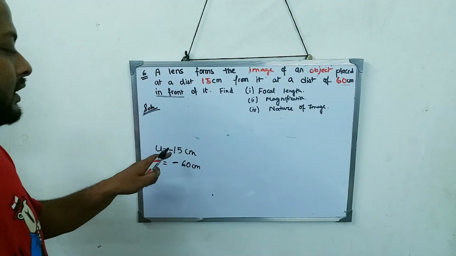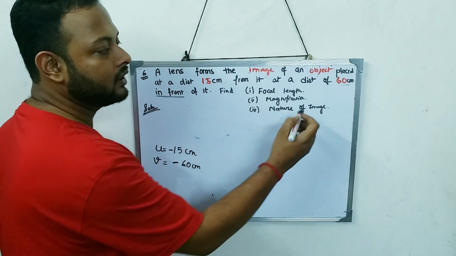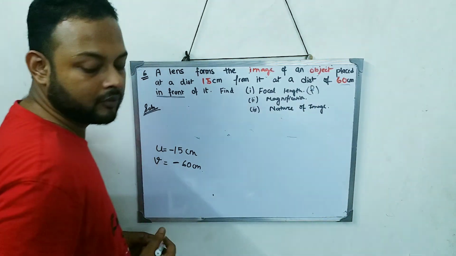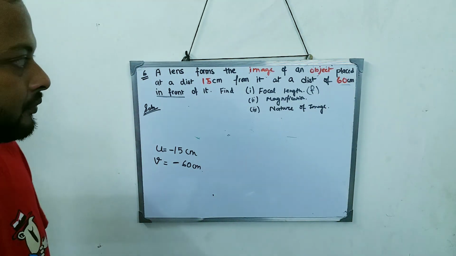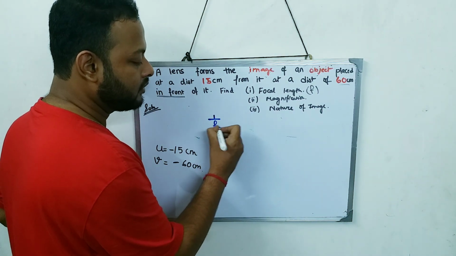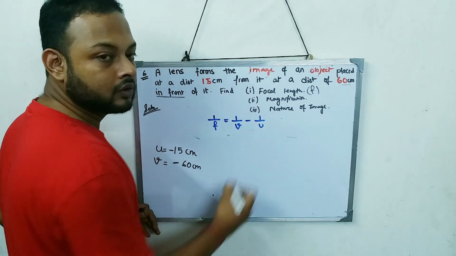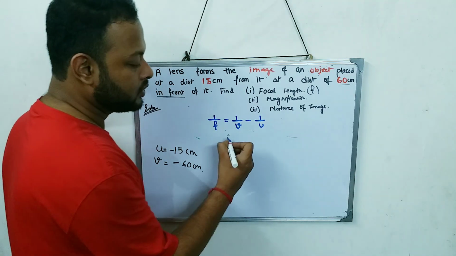Now as I got the values of u and v, it is very easy to get the value of focal length f. So I'll get the value of f. So 1 by f is equal to 1 by v minus 1 by u. I'll use this formula. So it becomes how much?